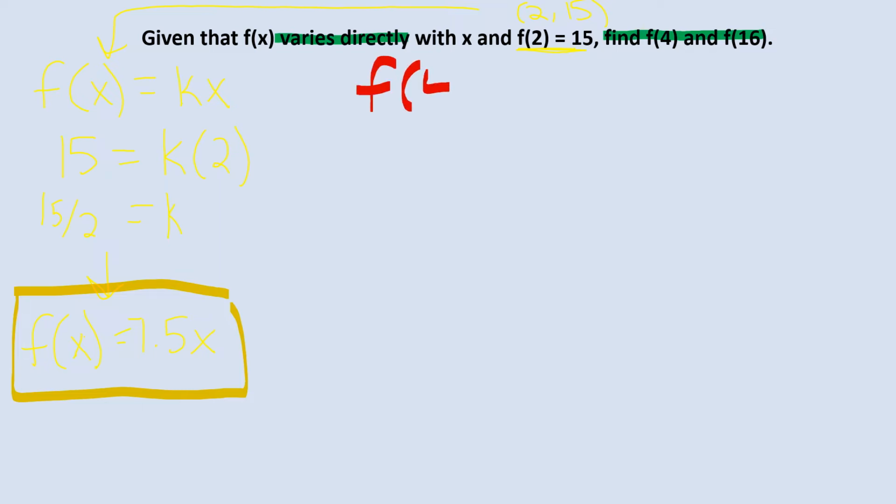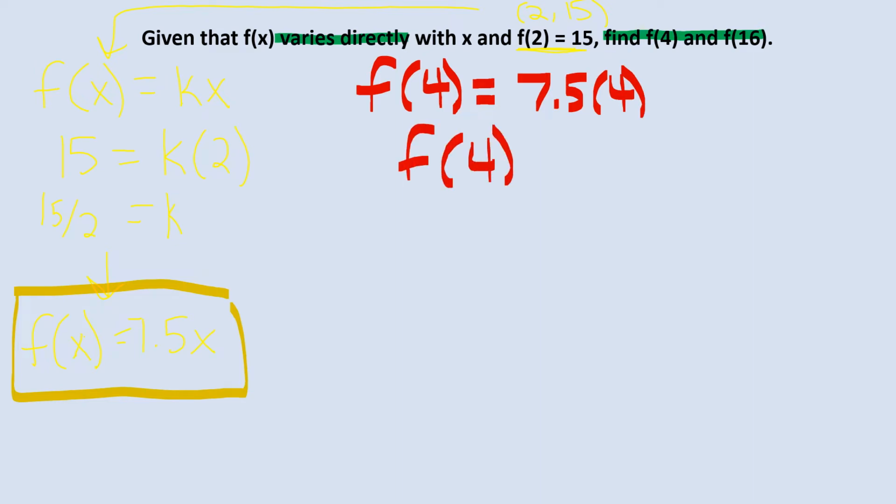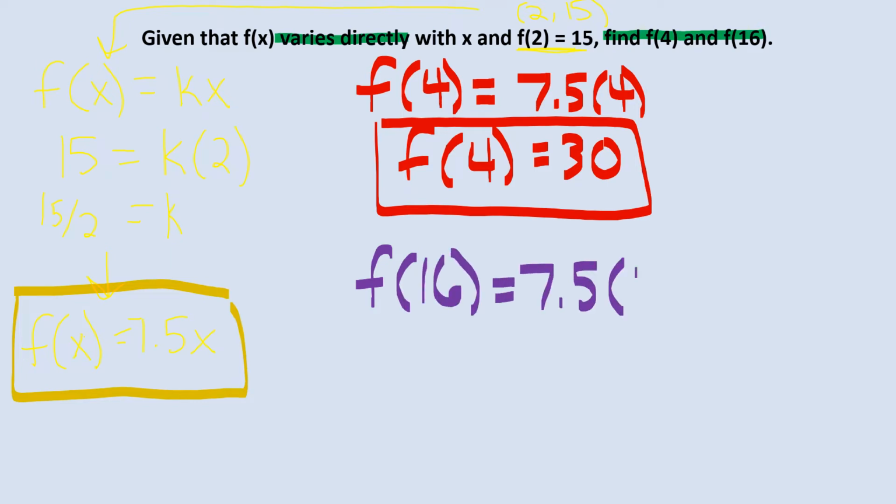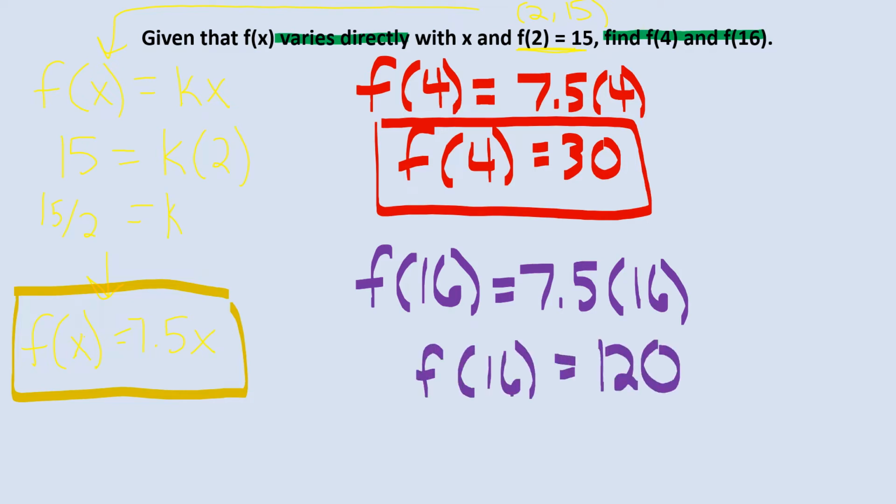So f of 4 equals 7.5 times 4, and this is going to give us 30. Then next we have f of 16 equals 7.5 times 16, which is going to yield 120.